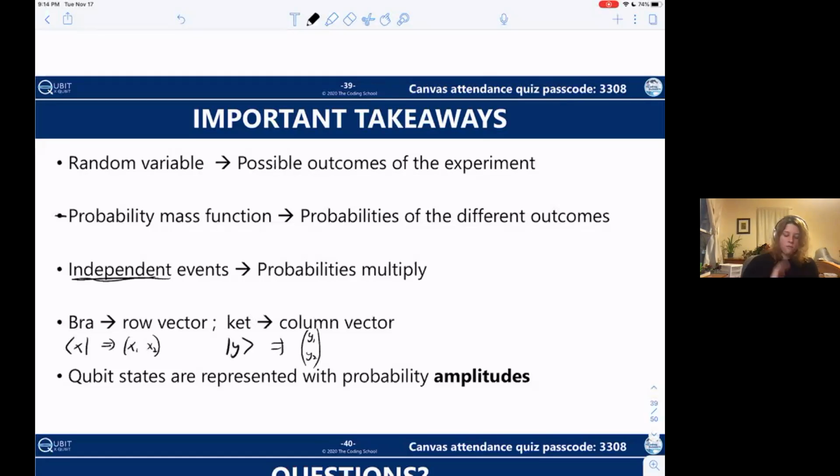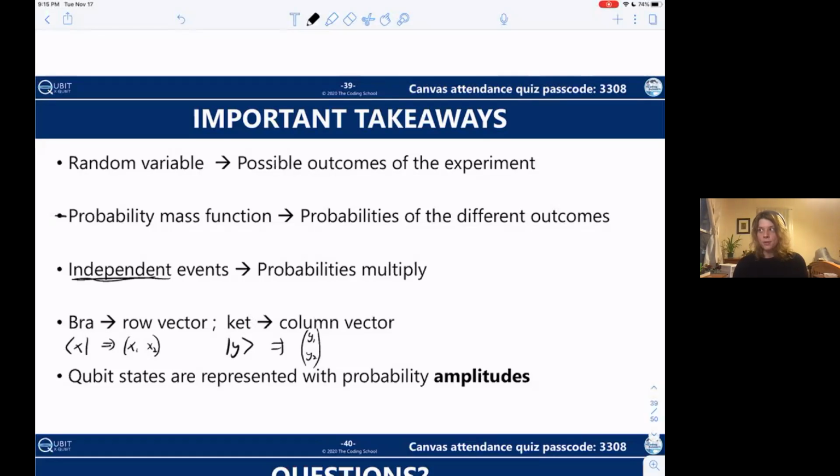And then we want to note that all of our qubit states are always the amplitudes, not the probabilities themselves. These probability amplitudes describe the distribution of our quantum state in space and energy, whatever metric we're using.